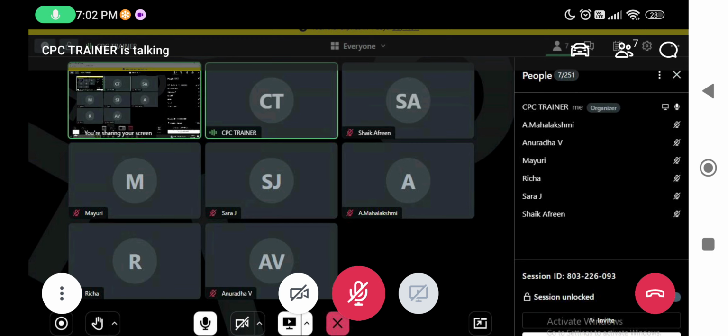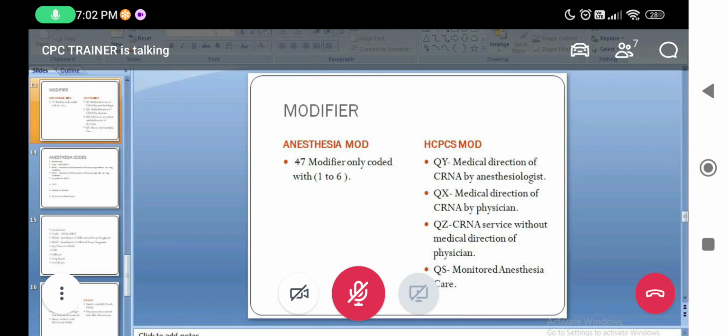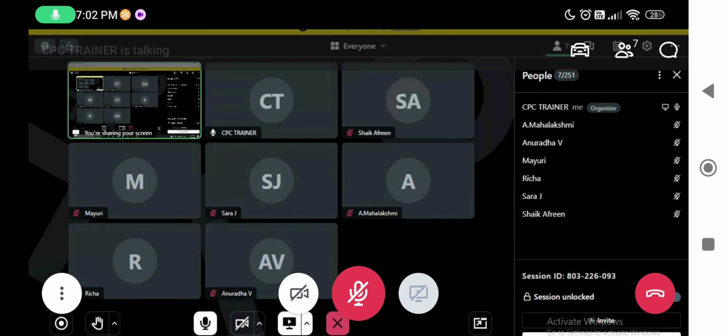So if you receive a question like someone is supervising CRNA service, please note down, you have to use modifier QX. Again I repeat, if the provider documented someone is supervising CRNA service, you have to use modifier QX.